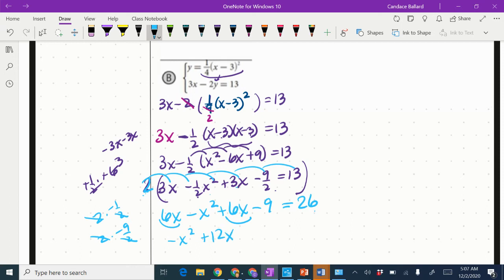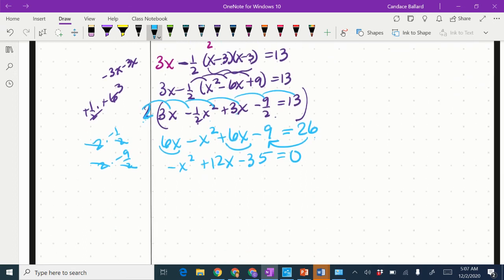And at the same time, I am going to subtract the 26 to the other side, which is going to give me negative 35 equals 0. The other thing that would be really handy is if I didn't have that leading coefficient of negative 1. So I'm just going to divide everything by negative 1. As long as I do that with everything, I don't change the equation in any way. So I'm basically swapping all my signs. So x squared minus 12x plus 35 equals 0.